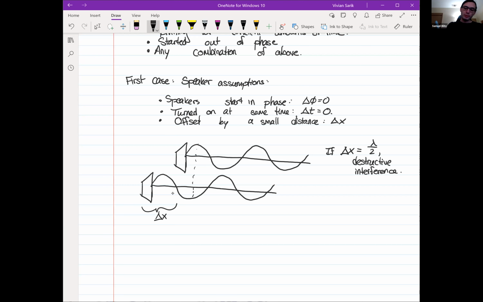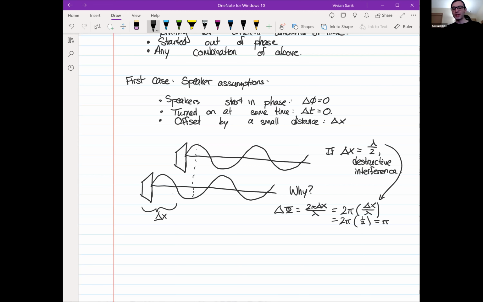We can see this more explicitly mathematically. In this case, delta phi is equal to 2 pi delta x over lambda, because delta t and delta little phi are 0. And so if delta x is equal to lambda over 2, half a wavelength, then this would be 2 pi times lambda over 2 divided by lambda, which is just 1/2, which is equal to pi.